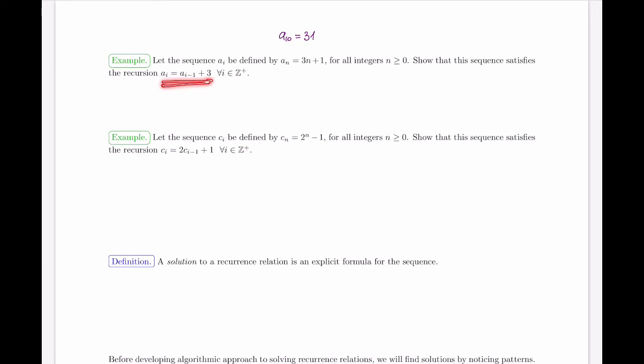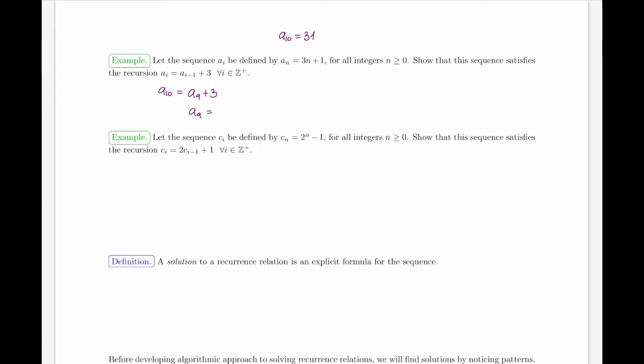So what this is doing is it's defining the term a_i in terms of the previous term. So if I were to use this definition to compute a of 10, then this definition would tell me that a of 10 is actually a of 9 plus 3. Now, without knowing a of 9, there is nothing I can do to compute this. So I can go one level further and compute a of 9.